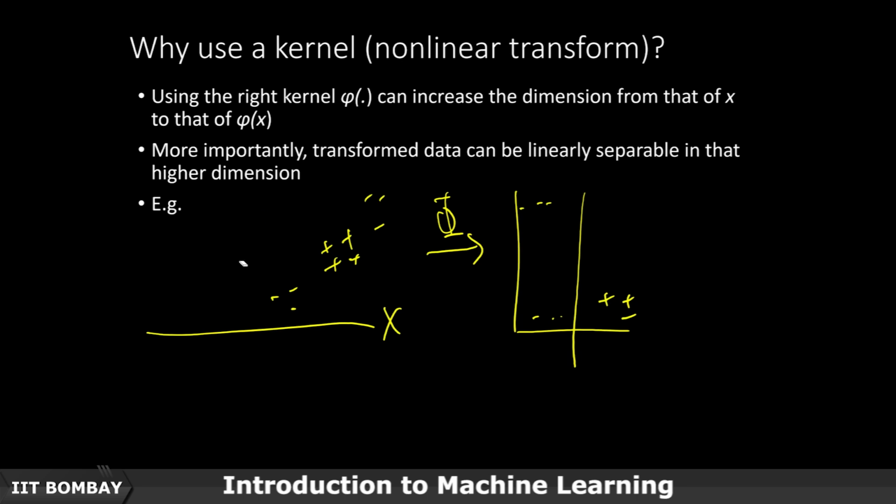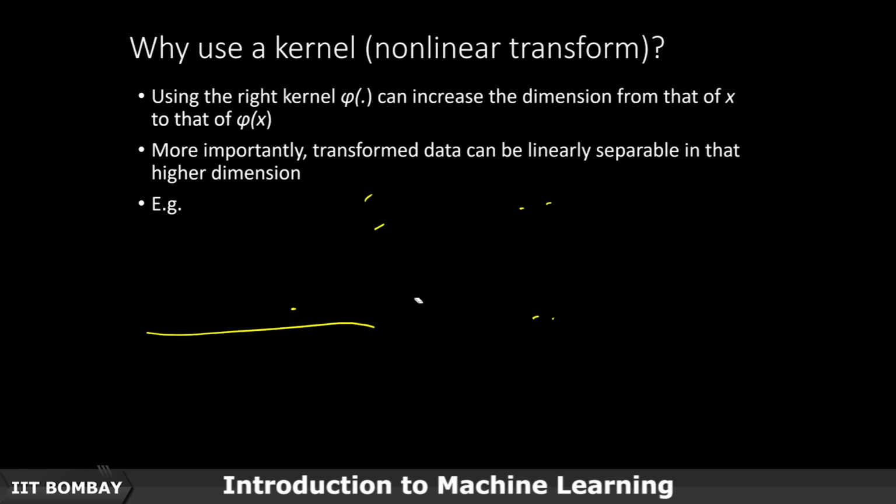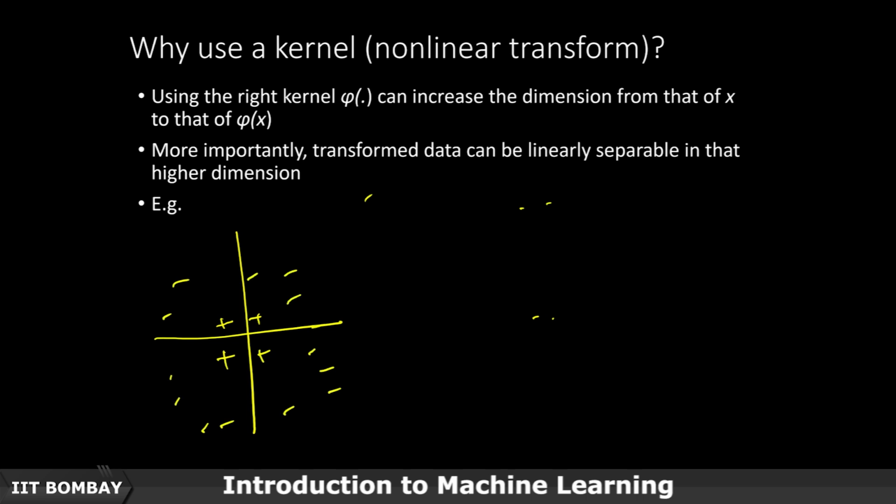So for example, if I take a different sort of data, right. So let's say my data is such that I have positive samples that are concentrated near the origin, and I have negative samples all around it, right. So now I have x1, I have x2, and I represent phi, right. So now phi of x, let's say, okay, is a vector which is x1, x2, and then the square root of x1 square plus x2 square, okay.